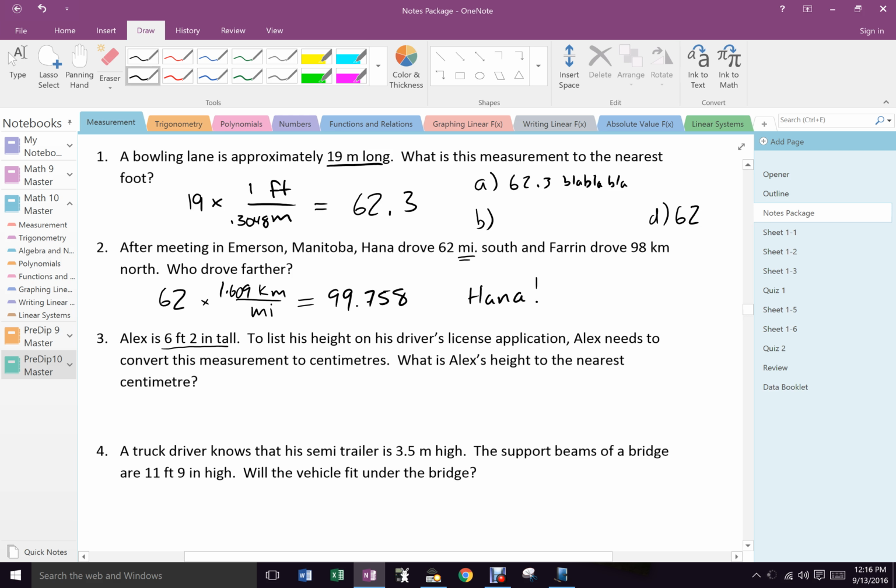Okay, well, I've got 6 feet. So that's 6 to inches times 12. And I've got to add my 2. 74 inches, yeah? Now, I've got to multiply by my conversion factor. I want centimeters, so cm over inches. Because I sometimes forget which number to put where.